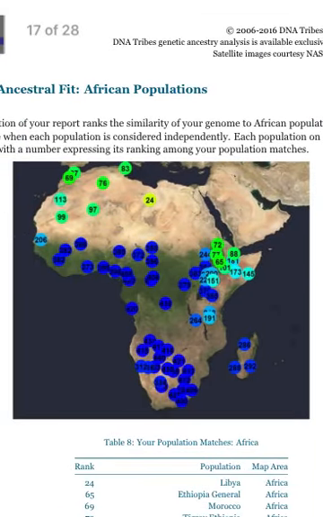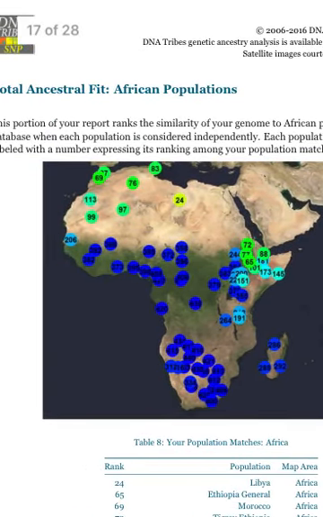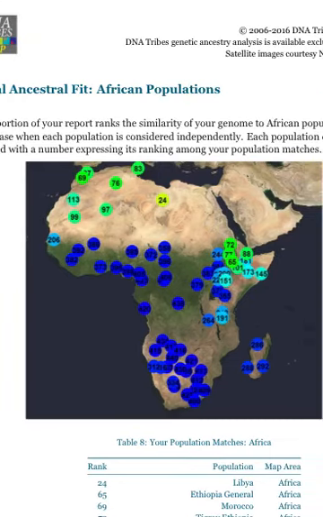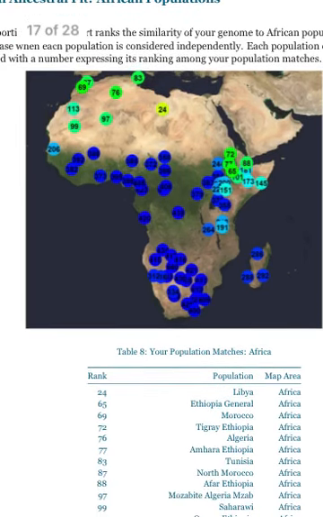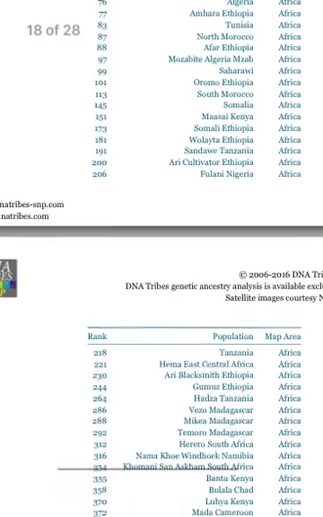We don't see what number 1 is. Well, you can see this is my total ancestral fit in Africa. My top one there is Libya, which makes sense. And I hold some affinity to the Horners and other North Africans, which makes sense. I'm not really close to any sub-Saharan Africans.